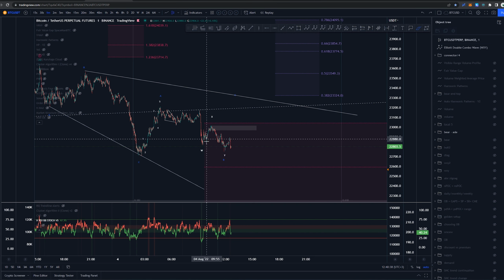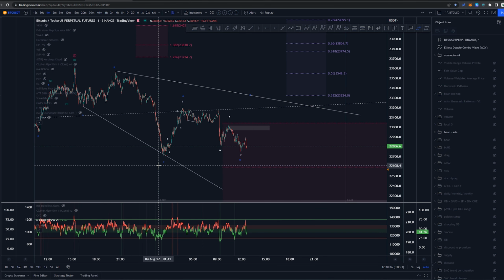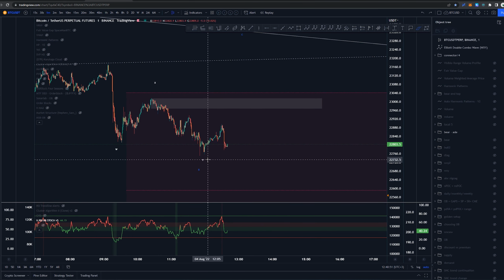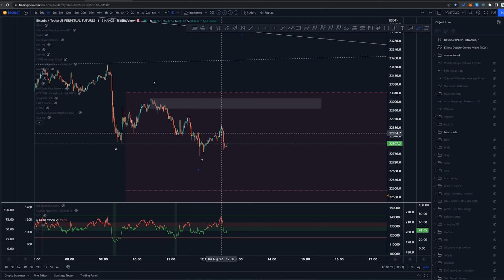Of course, when this video comes out, this structure has already played out, but again, we were talking about this in Discord as well. So here we could be looking at, well, this is not very convincing to be a 5-wave move. Yeah, definitely don't feel like it's too much.